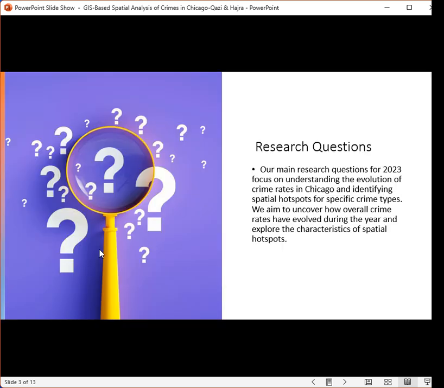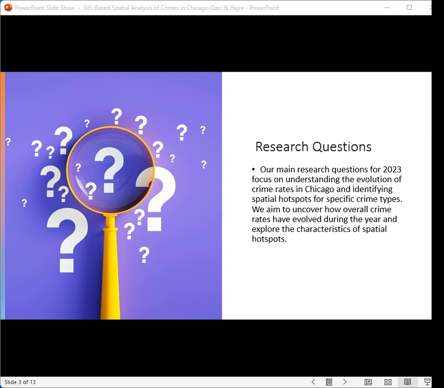We are going to discuss more about it. So first, my research questions. Let's delve into the core questions that guided our research in 2023. How did overall crime rates evolve in Chicago, and what factors might explain these trends?